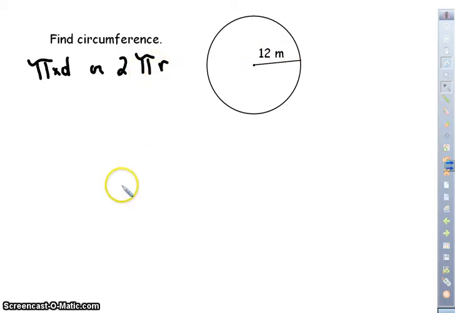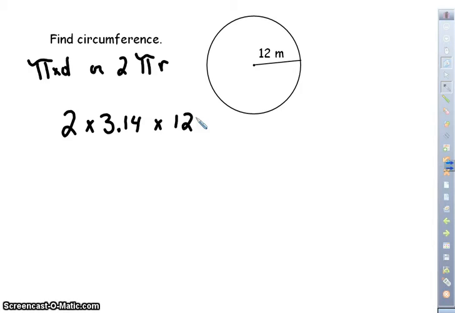In this case, they gave us the radius, so it's 2 times 3.14 times 12.